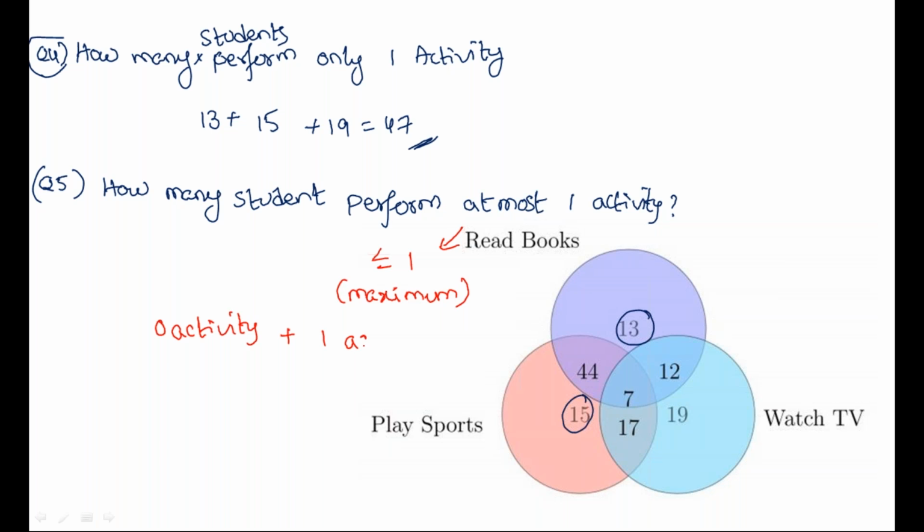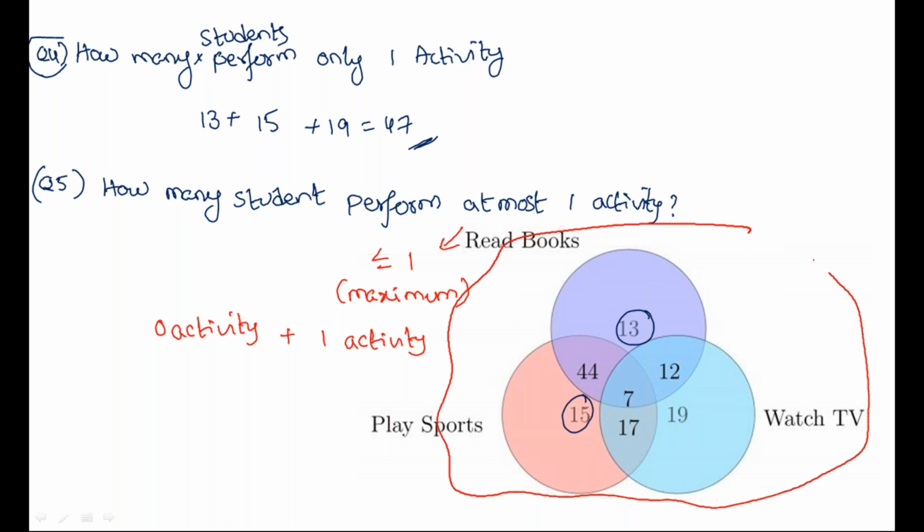Suppose you have a diagram like this and some people are outside of it. This is the total. Those people are not performing any of these three activities, so zero or no activity. One activity is 47. There are 0% as per this question because we don't have the people outside these three. We don't have that data, so it's only 47.